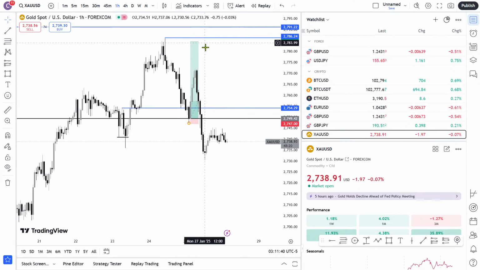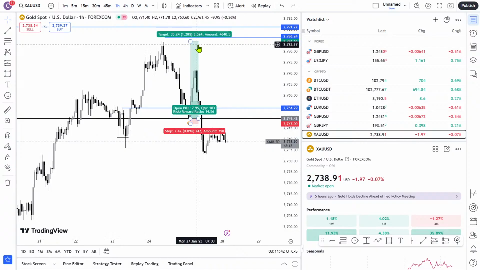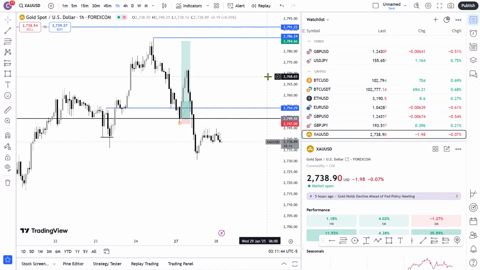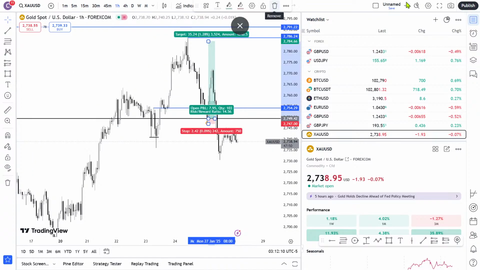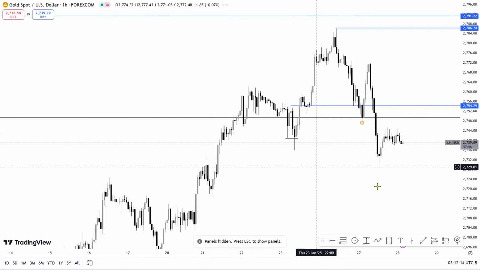But I was really looking at gold trading up to that level, but it didn't trade into that level. Gold didn't trade into that level. So let me show you what I'm looking at on gold. I'm actually anticipating a sell on gold today.